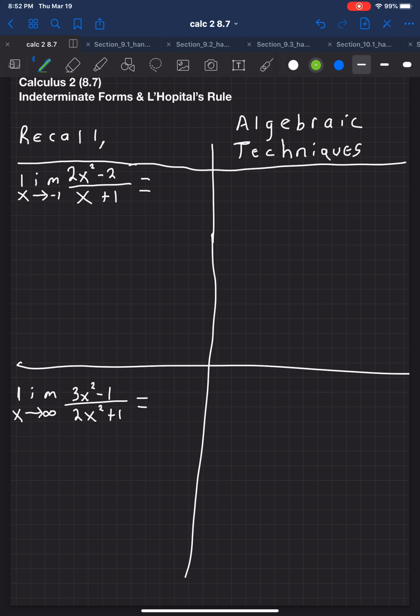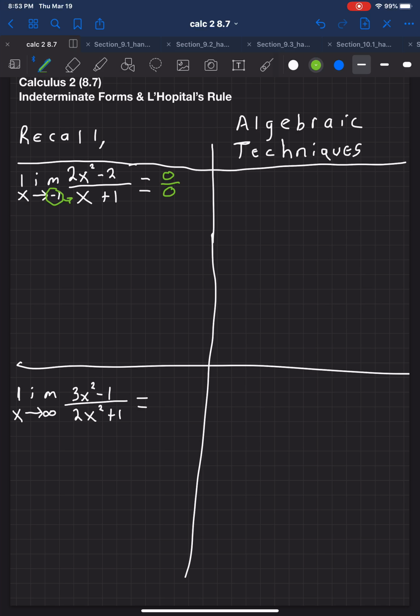If we can use tables, we can use the delta epsilon definition, we can even use graphs, but for a more analytical approach, we start off by just seeing what happens as we plug in negative 1, right? Well, if you plug in negative 1 into that function, we would get 0 over 0.